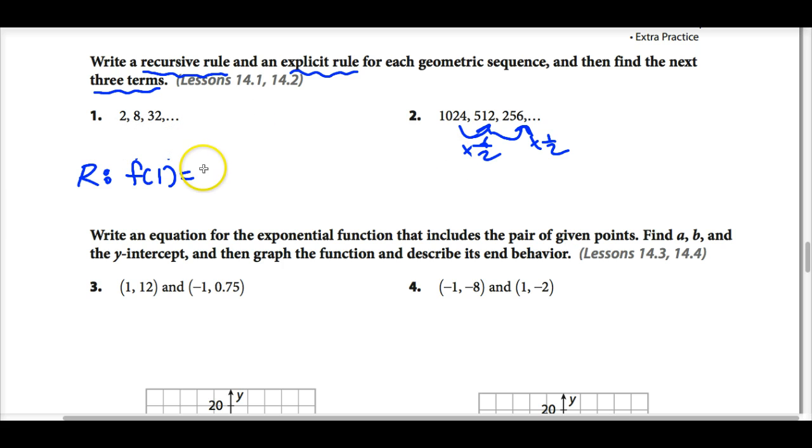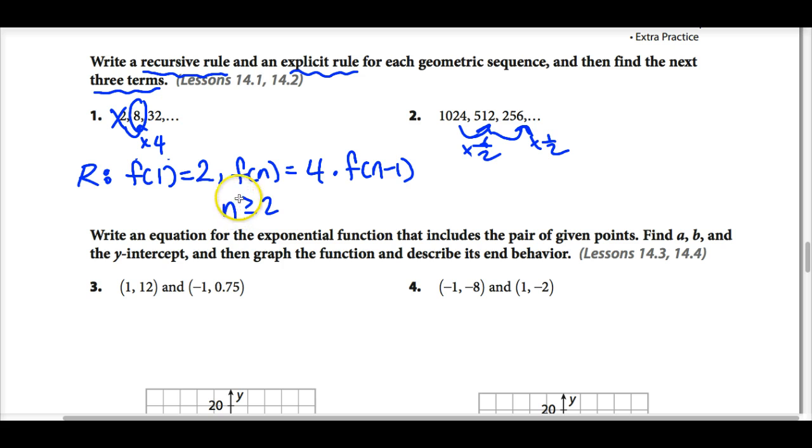So I'm going to put f of 1 as 2, and then f of n is equal to, and then you always say, you keep multiplying by what? We decided that we're multiplying by 4. You keep multiplying by 4 to the previous number, which is f of n minus 1. And when do you start doing that? When n is equal or greater than 2, because we start that from the second term. We don't do that with the first one, okay? So that is the recursive rule.